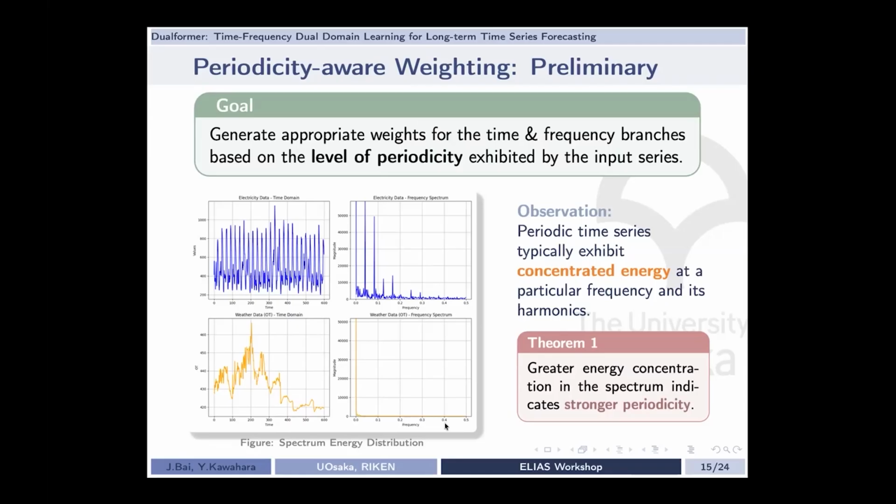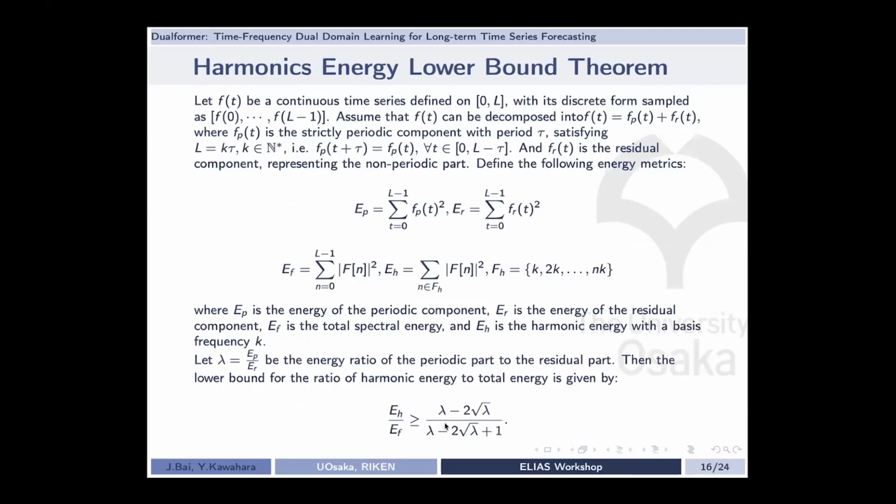So we thought, why don't we use this energy concentration as a periodicity score, so we can give weights to our two branches. Then we have this theorem 1, the harmonics energy lower bound theorem. The theorem is actually very easy to understand.